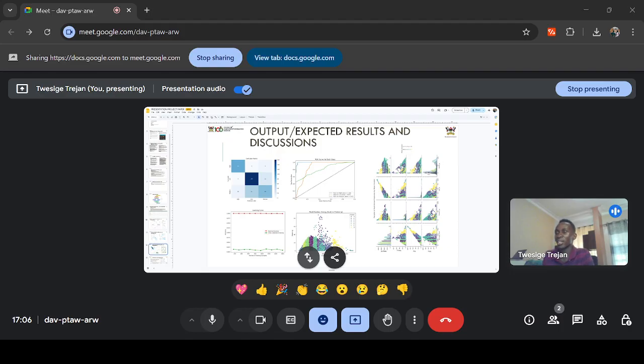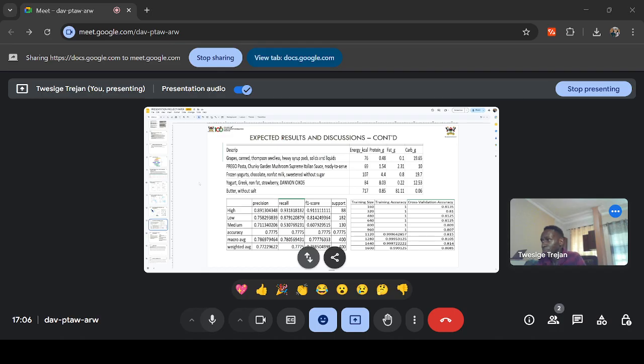Yeah, so the graph that has so many graphs is a graph of the nutritional frequency for the different meal clusters. As we have so many meal clusters depending on the concentrations of what they had for the different models. Yeah, and then you can see over here, this is the expected result.